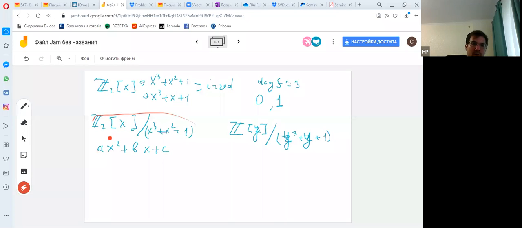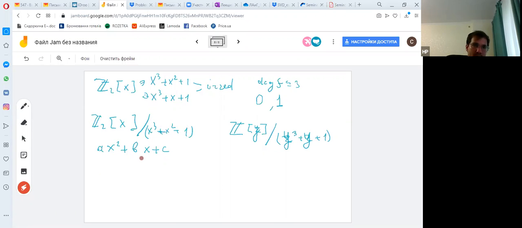The elements of this field have the following form: ax squared plus bx plus c. Why? Because we need to find remainders when we divide by x to the third plus x squared plus 1. The degree of this polynomial is 3, so the degree of remainders is not bigger than 2.